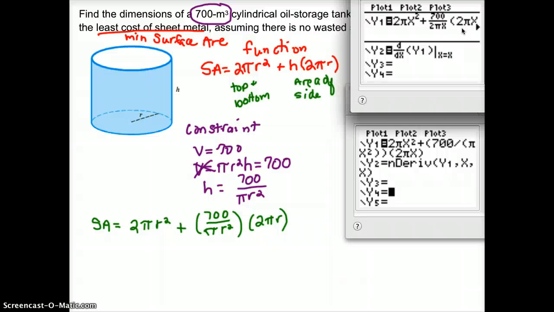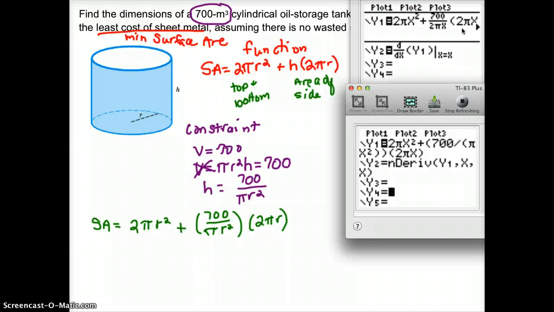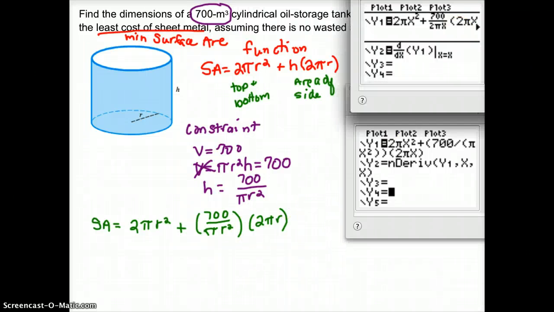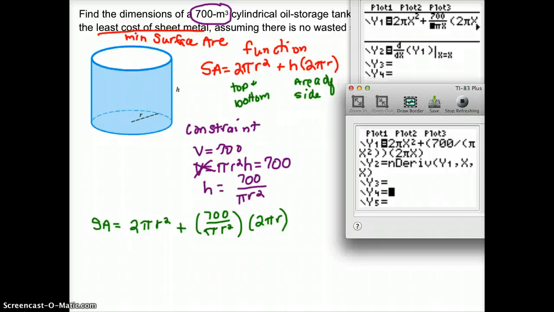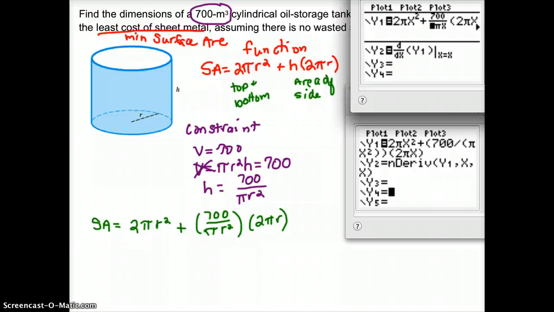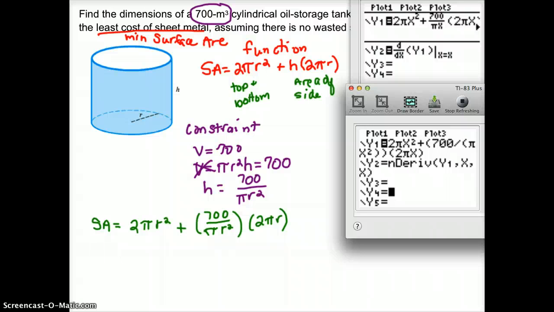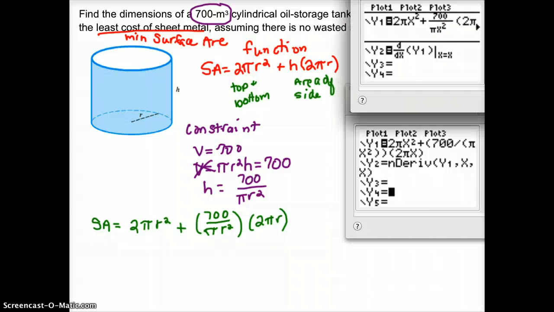Actually, I have a mistake if you notice. I wrote over 2 pi x. It should actually be 700 over pi r squared. So let me delete that, and this will be squared here.